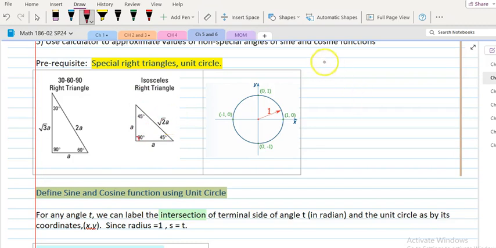Meaning, if you have a 45, 45, 90-degree triangle, and one of the legs is 4, the other needs to be 4, and the hypotenuse would be 4 root 2, right? Or if I say I have a smaller one, and the hypotenuse is 2, what are these two lengths?